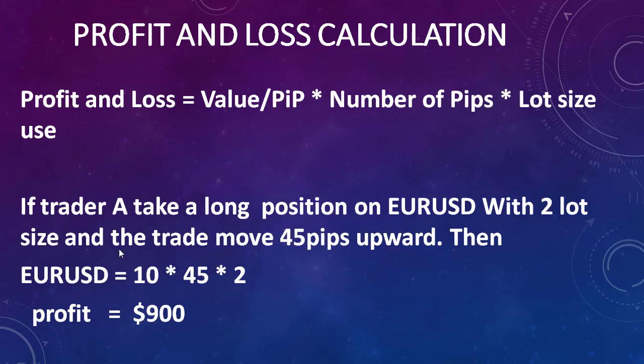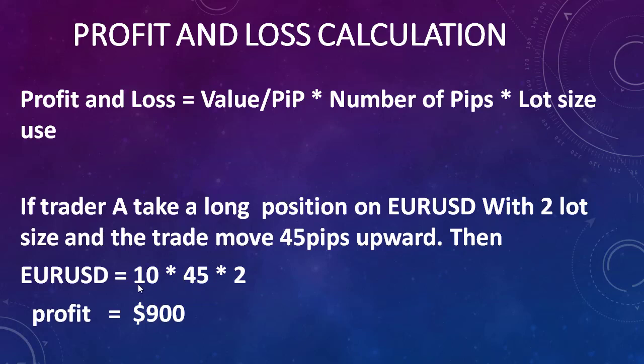For every standard lot in EURUSD movement, we have $10, multiplied by the 45 pips which the trade moved, multiplied by the 2 lot size the trader took. If you multiply this, you will have your profit in dollars. So the trader will make $900 from that particular position.